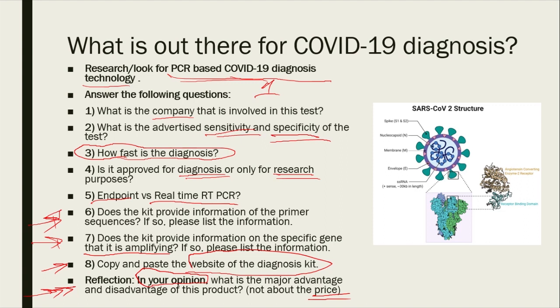We're talking about other factors that you think are good or not good about this kit, and then you will write a small paragraph, a couple of sentences, to express your opinion there. I expect these opinions to be quite different from each one of you. If I see something very similar between two of you, that indicates something potentially, that you guys are exchanging minds.